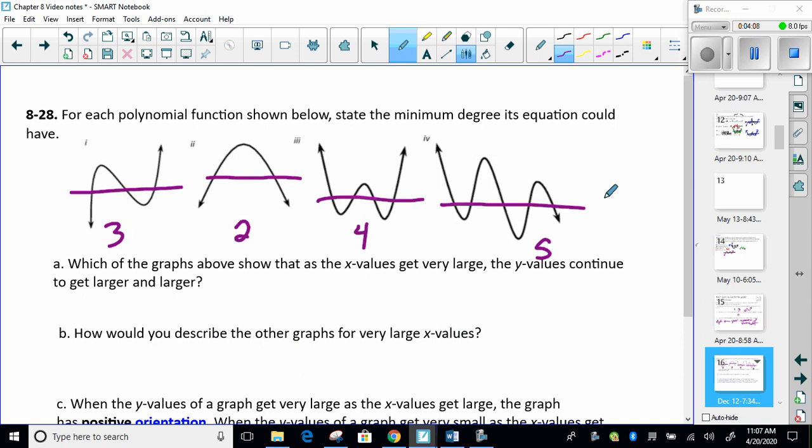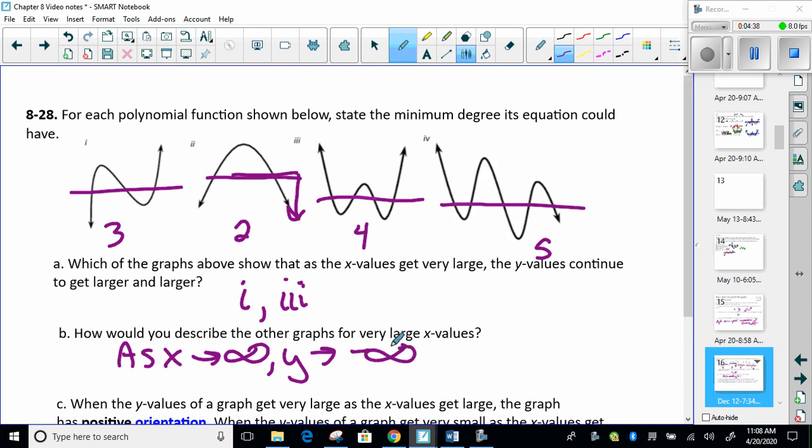Which of the graphs above show that as the x values get very large, the y values continue to get large? 1 and 3. How would you describe the graphs of the others as x gets very large? So as x gets very large for this one, y gets small. Right? So as x approaches infinity, that means as x gets large, y approaches negative infinity.